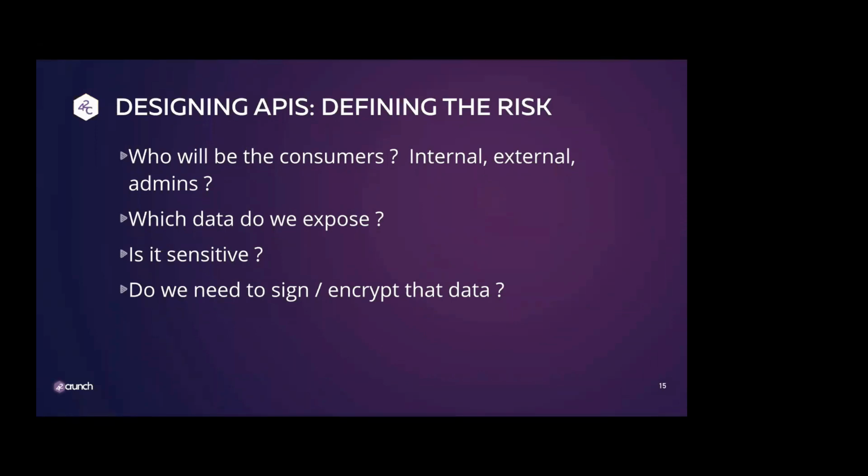Then that API is really cool, so people like it, and we decide to open it to a wider audience, and then an external audience, and then maybe it becomes completely public. As we go through that journey, the risk is much higher as we expose it to more and more people and to less controlled environments, right? So this is really important. That's the first thing we need to look at. And then, what is this data?